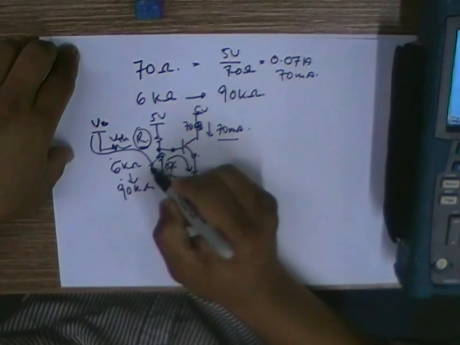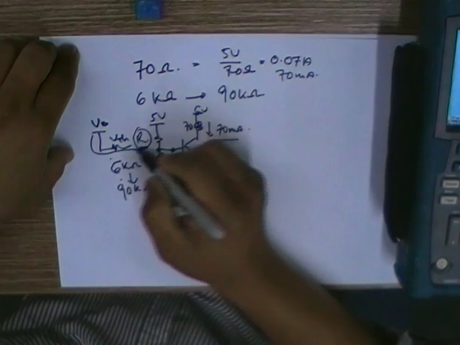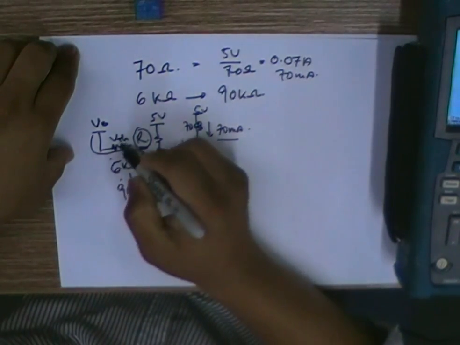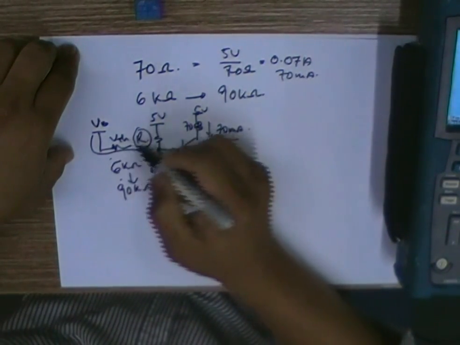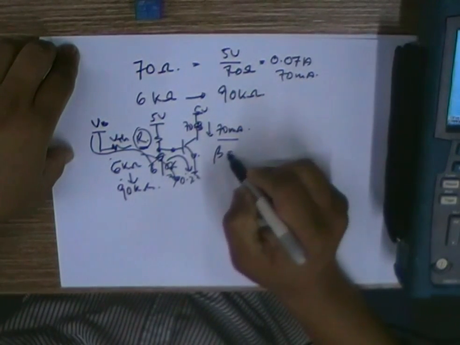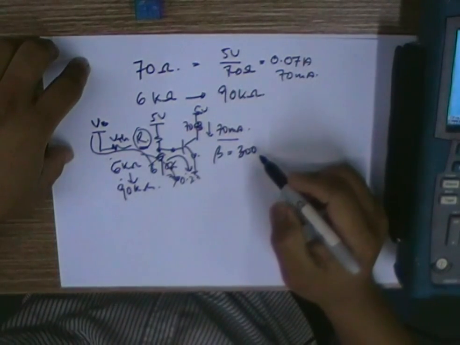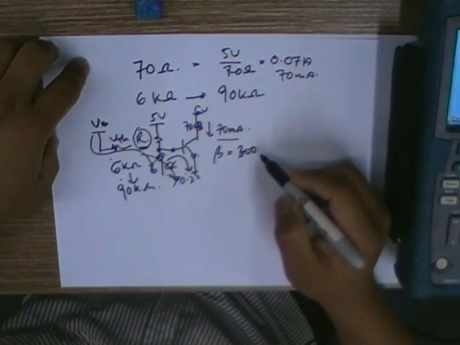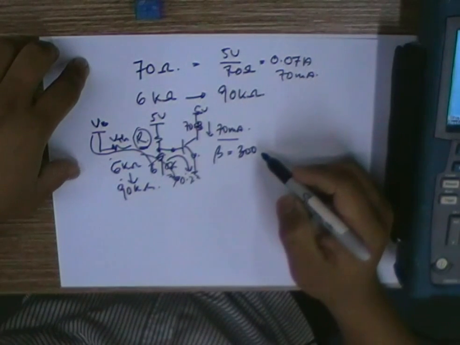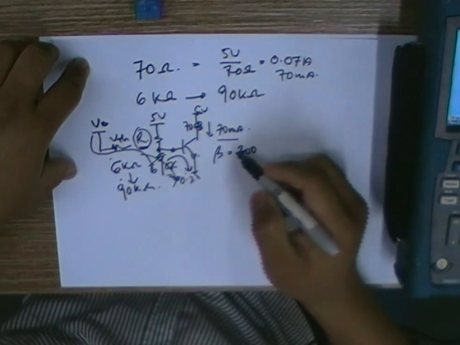So this flows into your E, and you need to find a suitable V Thevenin so that your current is 70 milliamps. Let's say the beta of this is 300 for a typical small signal transistor, something like the 2N2222A as you use in your lab for this experiment.